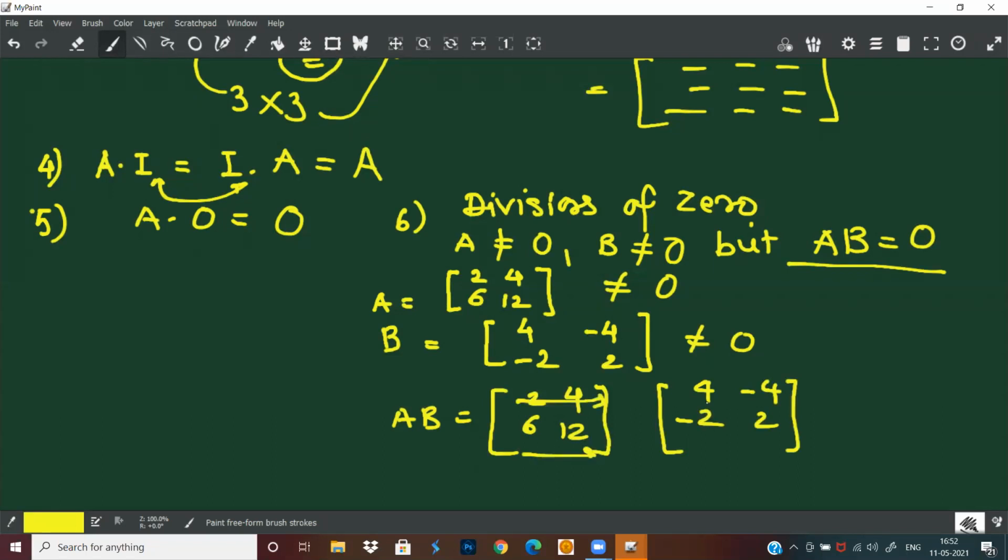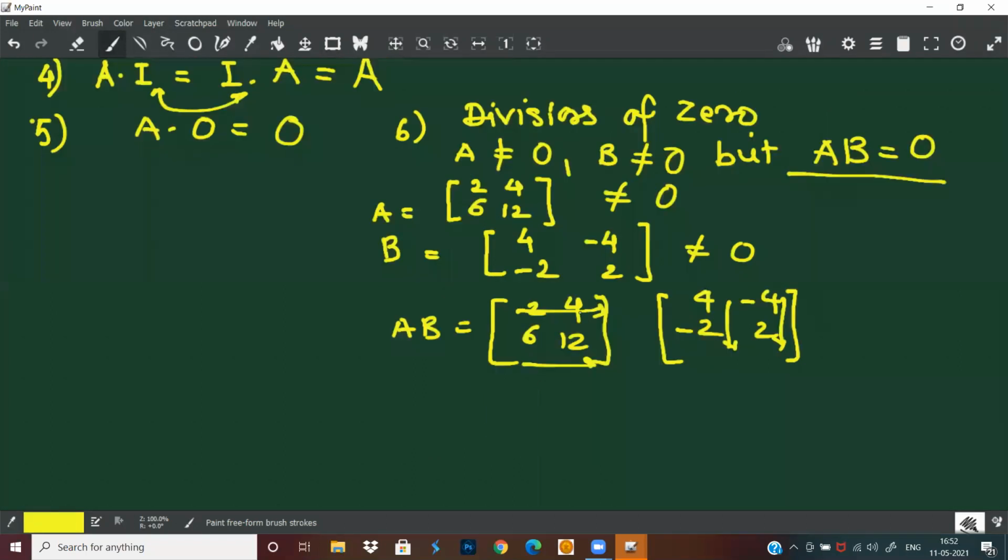Go row wise, go column wise. Both are 2 by 2, so the product will also be 2 by 2. So 8 minus 8. Here 24 minus 24. Here it will come minus 8 plus 8. Minus 24 plus 20.